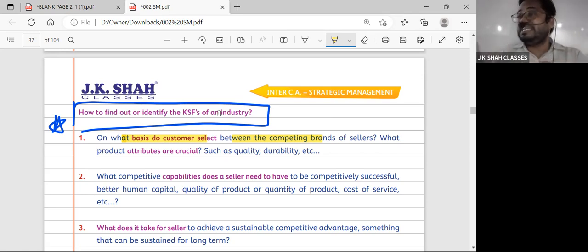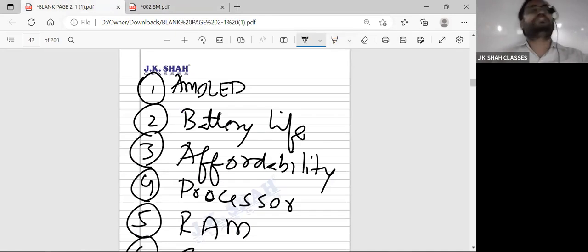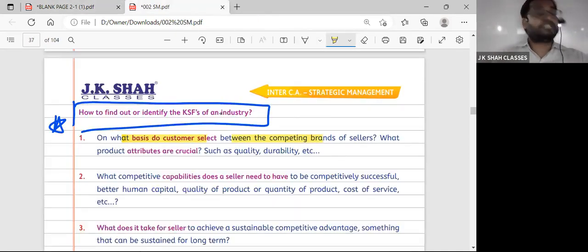This is what the customer wants, but the business owner should try to give something more. What capabilities does a seller need to have to be successful? Because if existing competitors are giving the same product, same features, a new entrant will not be able to survive because he has no brand value. So you'll have to go out of the way.